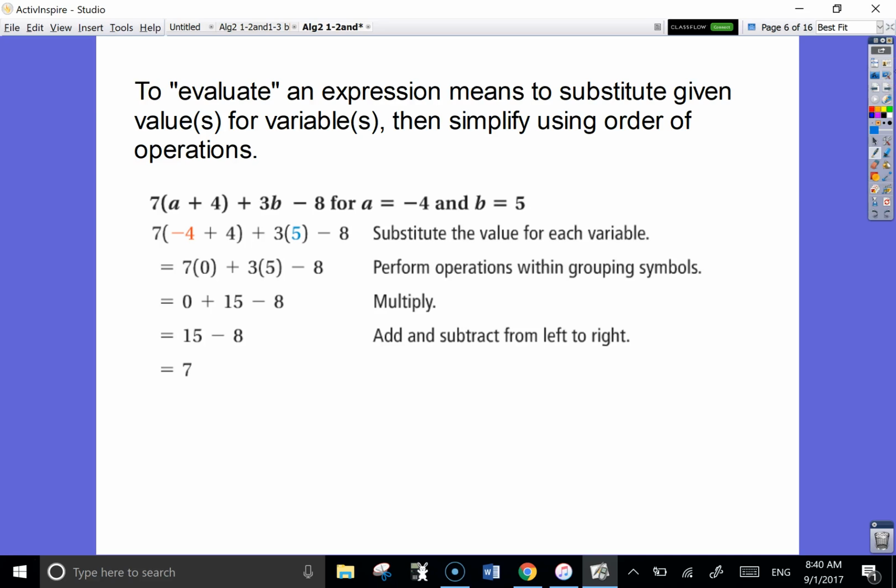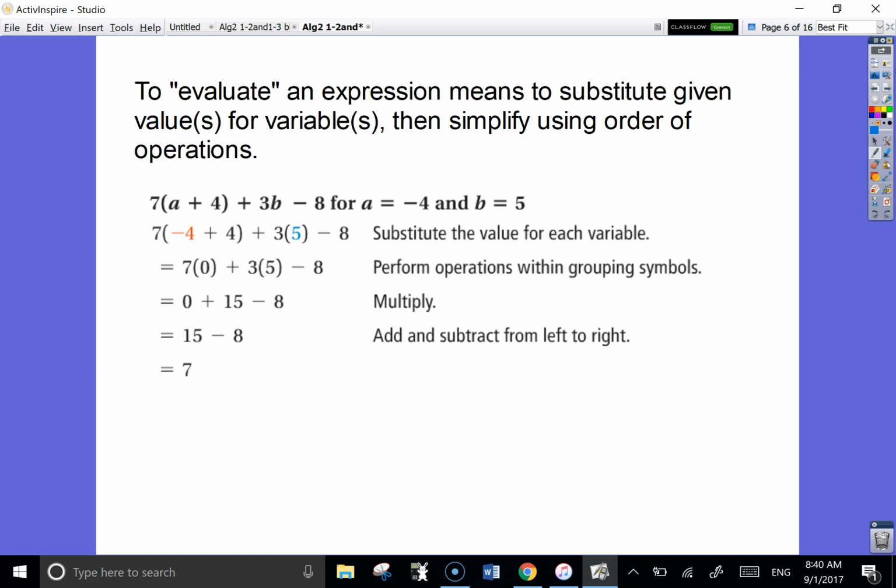To evaluate an expression means to substitute given values for variables, assuming there's more than one, and then simplify using order of operations. So as we look at this worked out example, 7 times (a plus 4) plus 3b minus 8. Evaluate for a equals negative 4 and b equals 5.